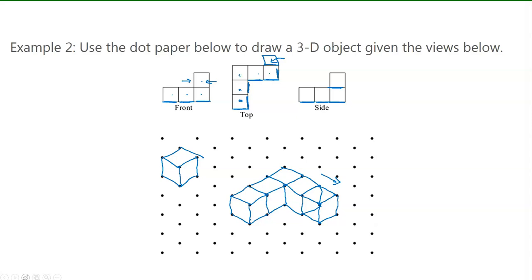So let me erase those. Okay, and then put that back on. Now I need to put a block on top of this one. So now let me draw a 3D block on top of this.